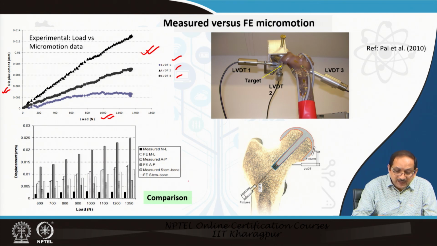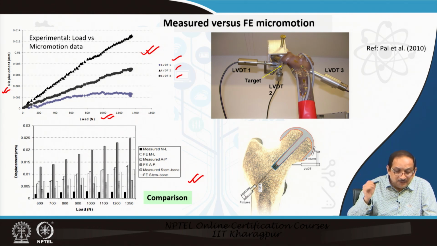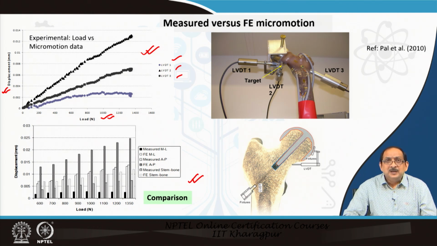Now, when we compare the results predicted by the FE model and the measured micromotion, we see that the trends are similar, although there are some quantitative deviations between the two variables, that is the measured micromotion and the FE predicted micromotion.